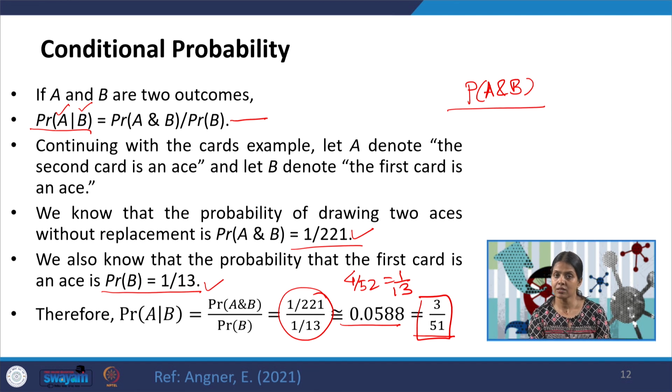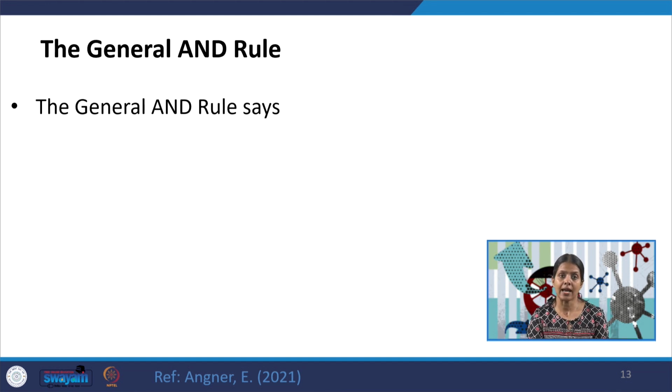So, this just shows that this formula works. For the probability of something occurring given that something else has occurred previously, you would write it as probability of both of them happening together, probability A and B, divided by probability of the first thing happening, that is probability B. This is the formula.